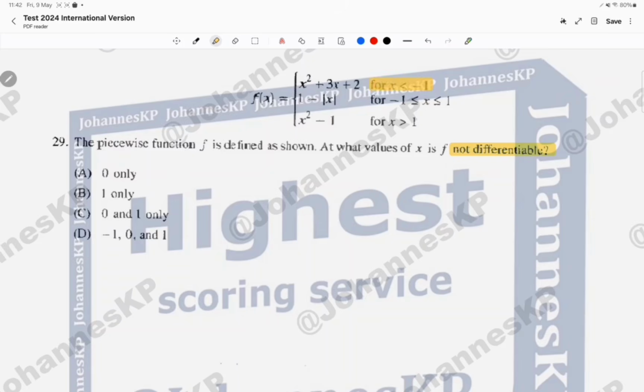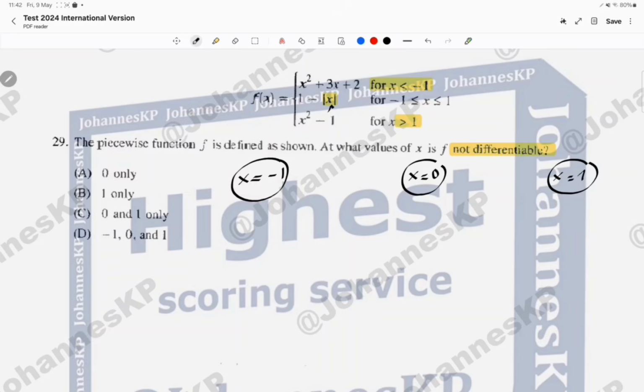So check with -1, check with 1, and check with what makes the inside of the absolute value a 0. So what makes the inside here a 0? What x? 0. So that means we actually have to check 3 points: x of -1, x of 0, and x of 1.